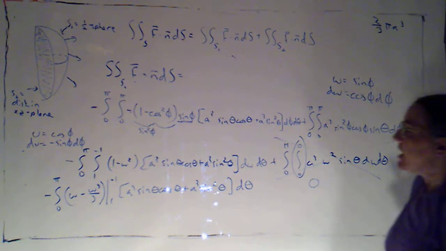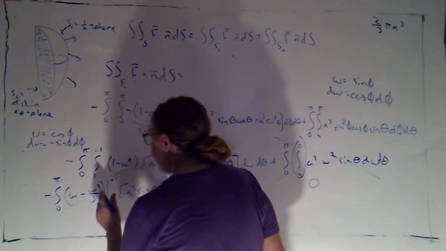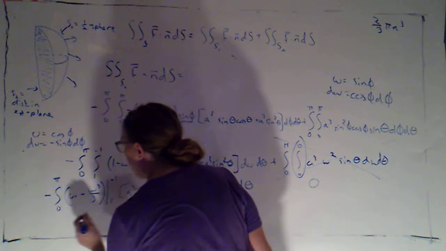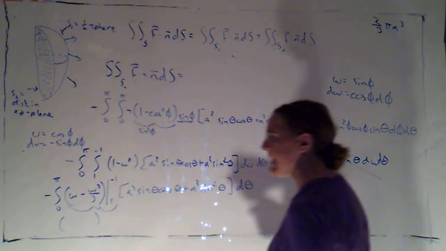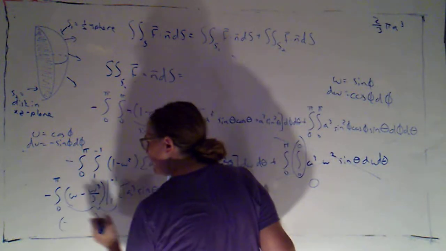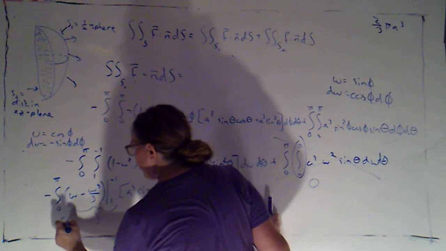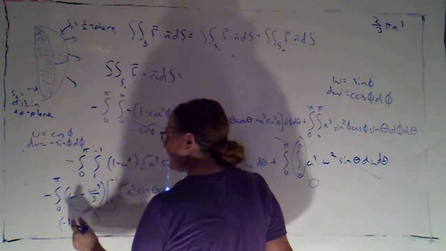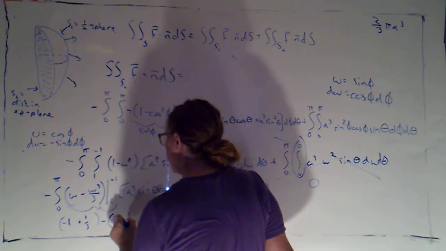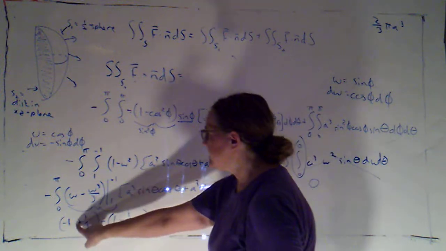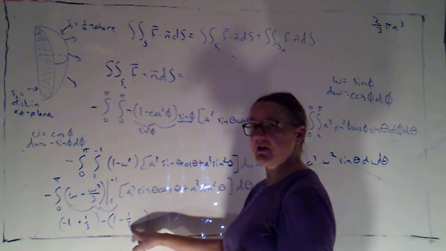Okay, so let's see. If I plug in negative 1 here, I'm just going to evaluate this part. When I plug in negative 1, I'm going to get negative 1 minus negative a third, so plus a third, minus, when I plug in 1, 1 minus a third. So that's negative 2/3 minus 2/3.